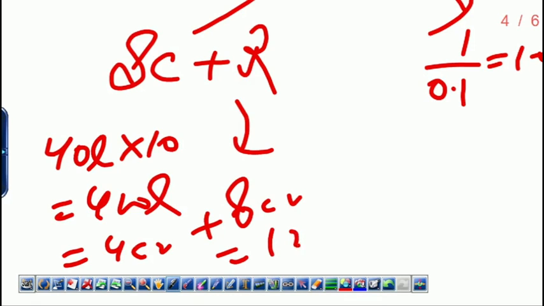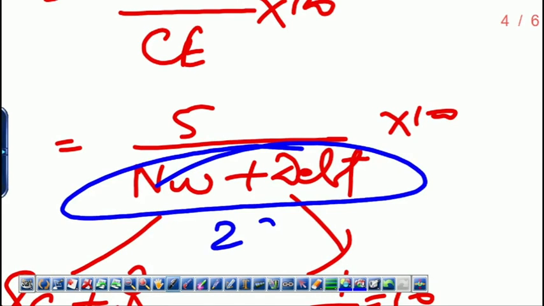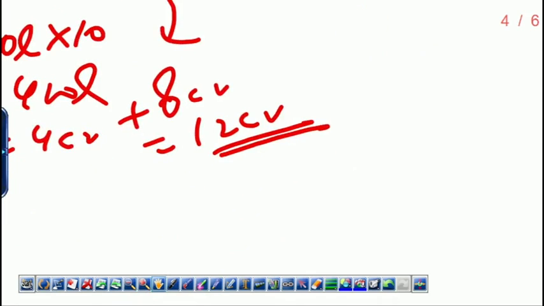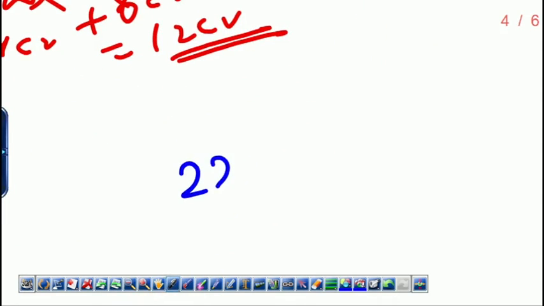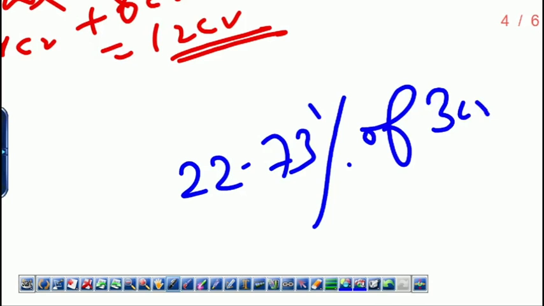So net worth is 12 crore. 12 crore plus 10 crore, 22 crore. So 5 by 22 into 100, return on capital employed, which is 22.73%. We will earn this on the 3 crore new funds raised.